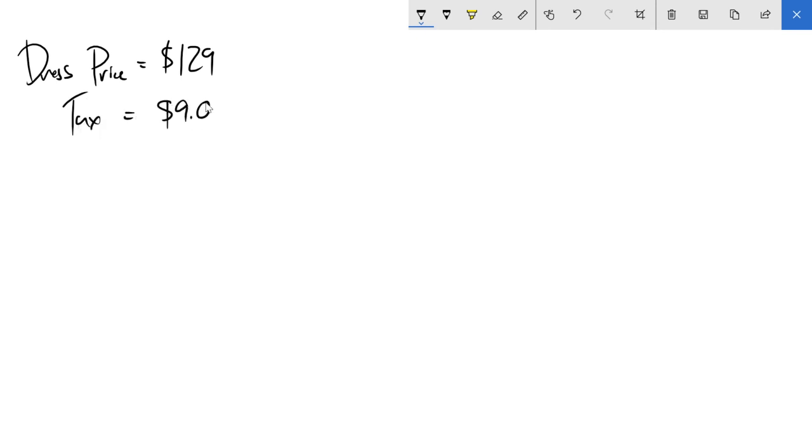So the idea was that there was a dress, and the dress price was $129, and then the tax charged on that was $9.03. Okay, and then the question was, what's the tax rate? So as a percentage. So how would you do this? We did problems like this yesterday, so how would you solve this one?